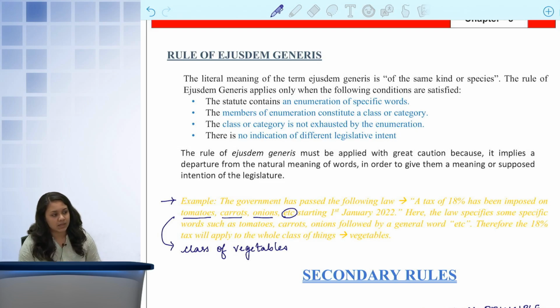Hence we can say that it's applicable to only those mentioned within the law, because then the 18% tax will be applicable only to those three vegetables and nothing else.